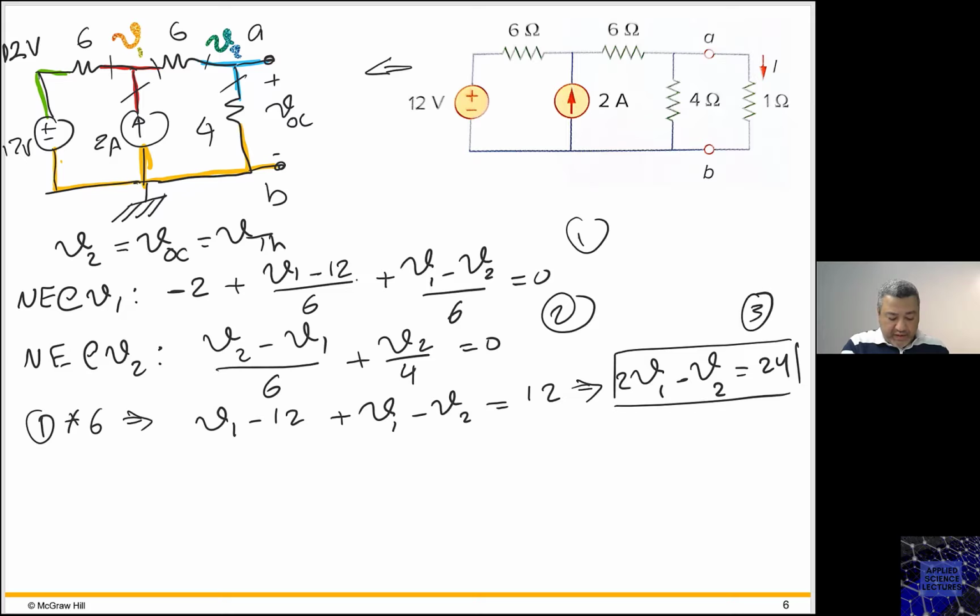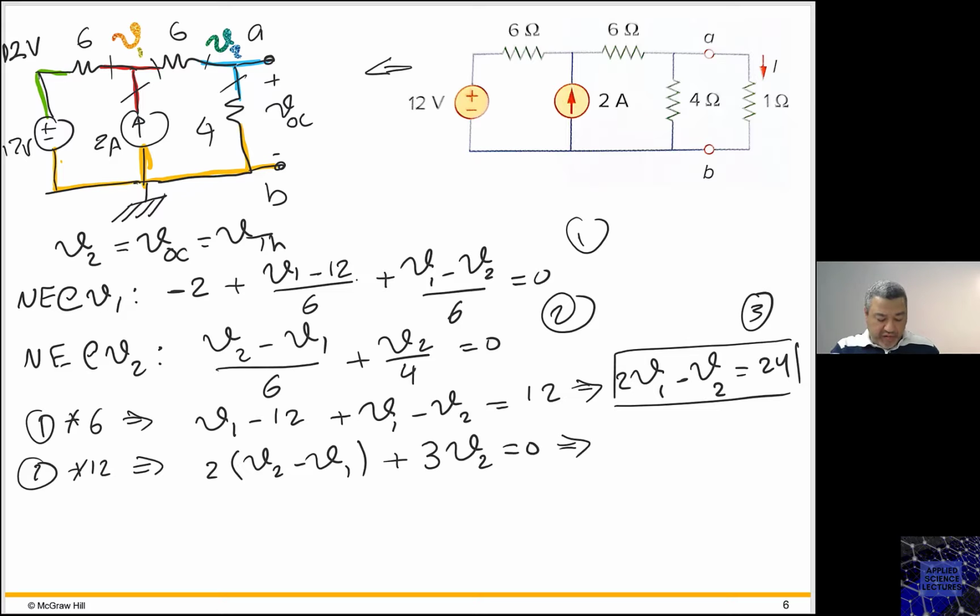Now, equation number 2, I can multiply by 12. So this becomes 2V2 minus V1 plus 3V2 equals 0.